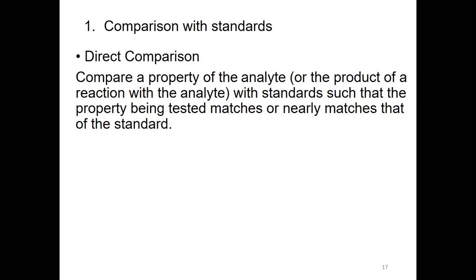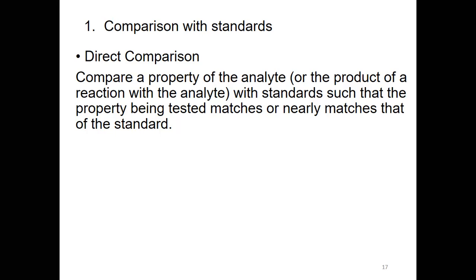We dilute the standard sample until the color matches with the unknown. Then we know the dilution factor and we know the initial concentration of the standard. Then using the dilution factor, we can determine the concentration of the analyte.